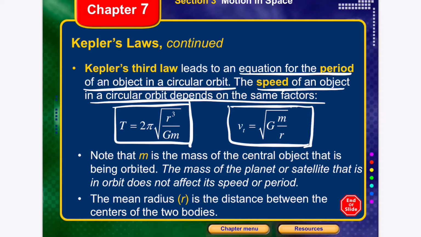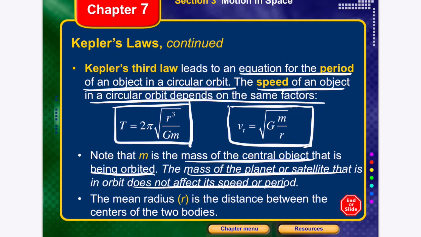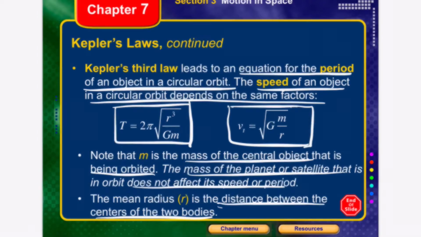Here M is the mass of the central object that is being orbited, and the mass of the planet or the satellite does not affect its speed or period. Remember that M represents the actual object being circled, and it is not affected by the mass of the planet or the satellite in the orbit. The mean radius r is the distance between the centers of the two bodies.